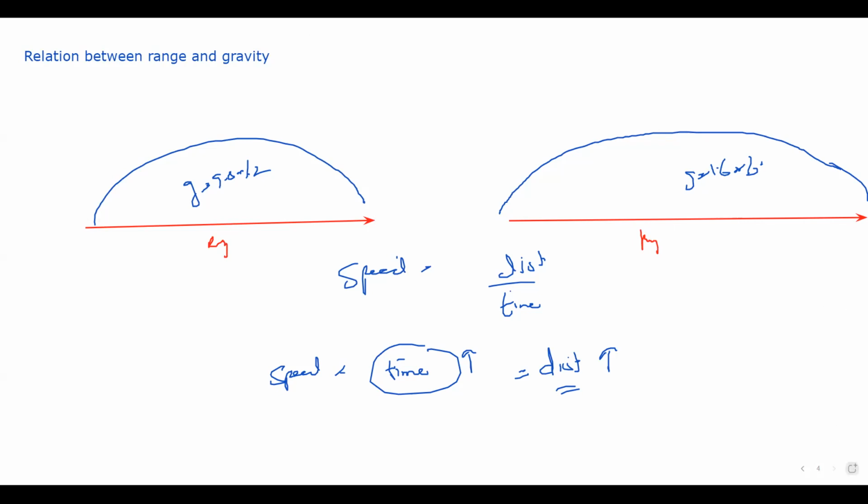And at what angle do we have a maximum range? The maximum range of a projectile is when the launching angle theta is equal to 45.